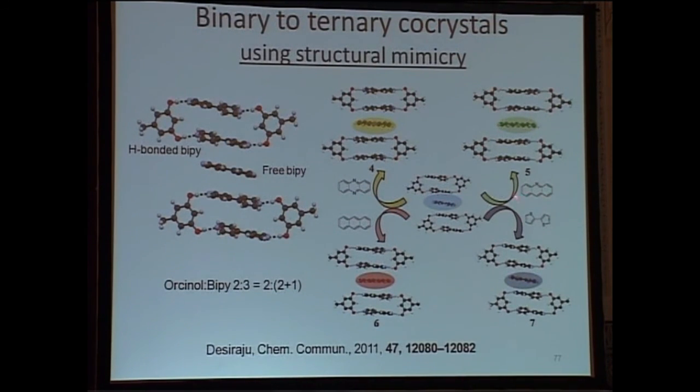This is phenazine, phenanthrene, anthracene, thiophene, biphenyl, and so on. All these are isomorphous and isostructural to bipyridine in that they are matching in size and shape, and in a repetitive way, the free BP was very nicely replaced to give this family of 13 or so ternary co-crystals, which are all isostructural and isomorphous.